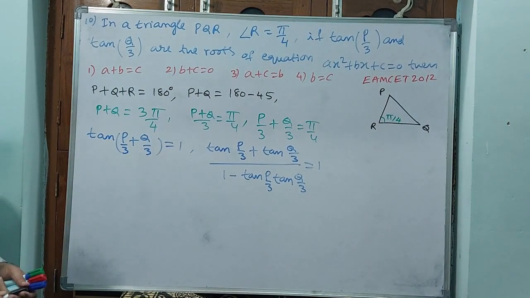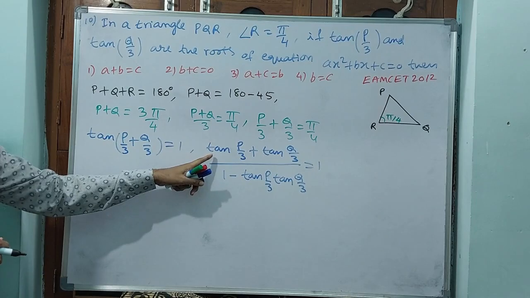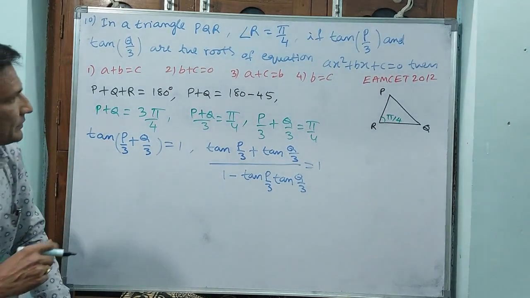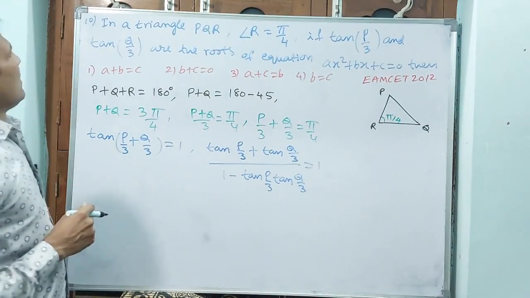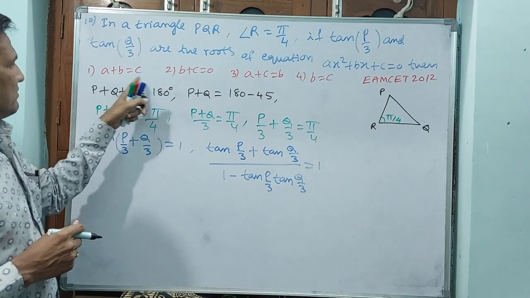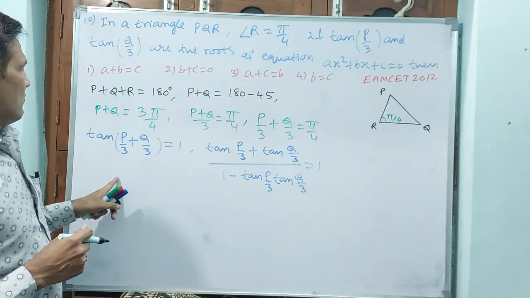Now, this is equal to 1. Now wait. In a triangle, and tan are roots of the equation, then A plus B plus C is equal to something, we have to see.